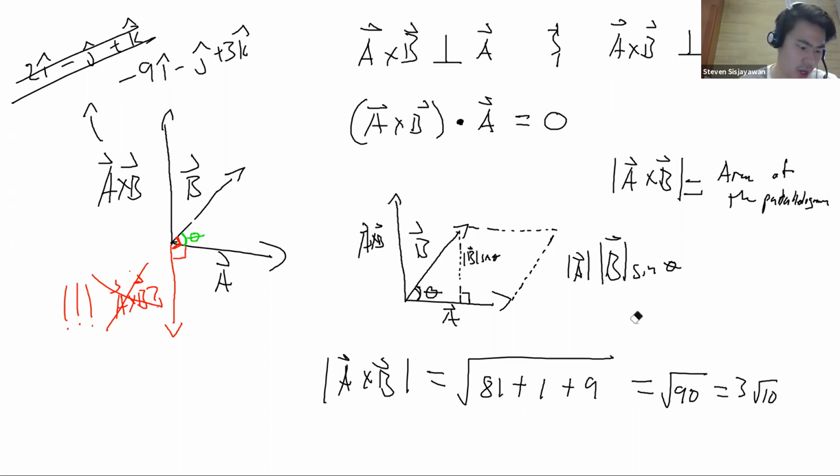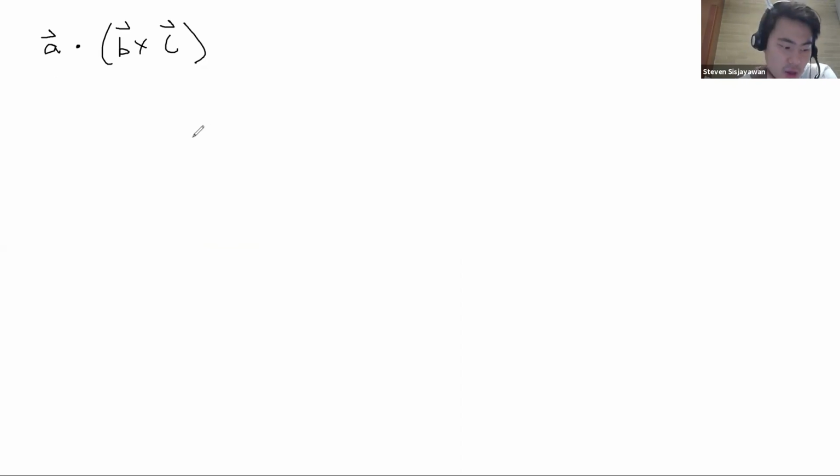All right, and that is basically it for 12.4. Oh, and one last thing: you guys briefly covered the triple scalar product, which is basically A dot B cross C, right? So given three vectors, the application of this is finding the volume of a parallelepiped.